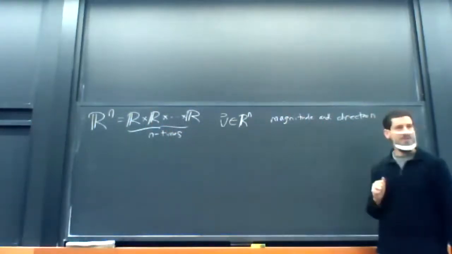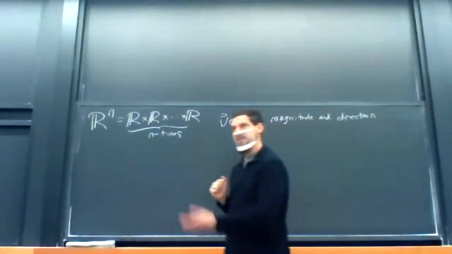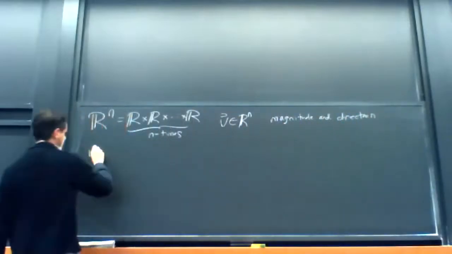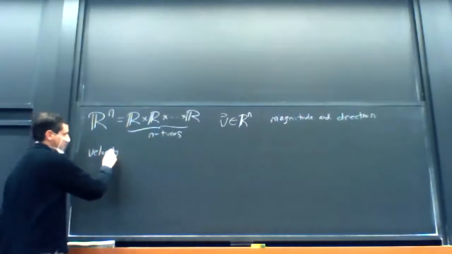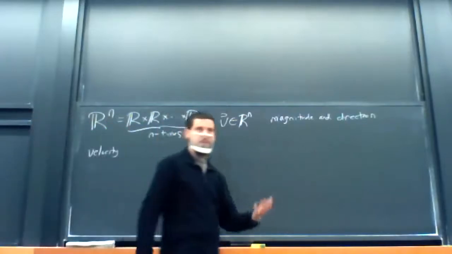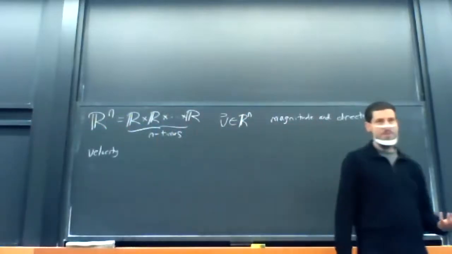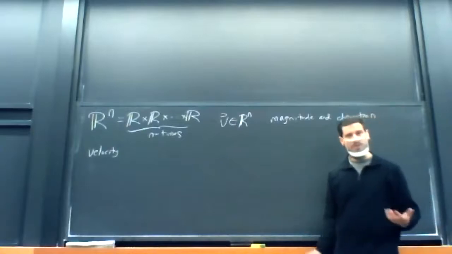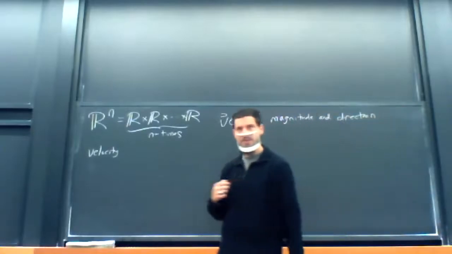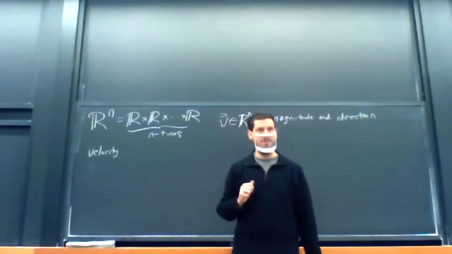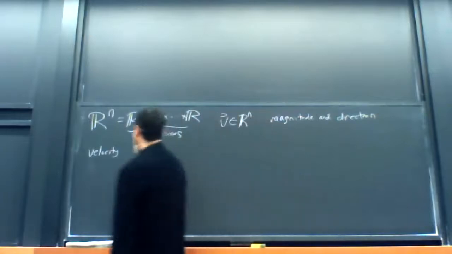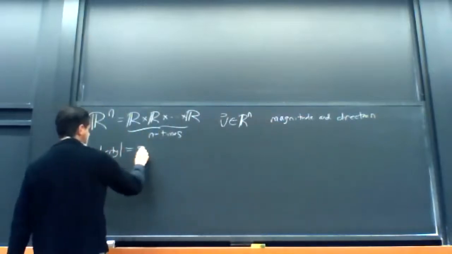What are good examples of vectors? Velocity. Velocity is a great one. So it tells you how fast you're traveling and what direction you're going. So a lot of times we sometimes are a little careless. What's the magnitude of velocity? Speed. And so the magnitude of velocity is speed.